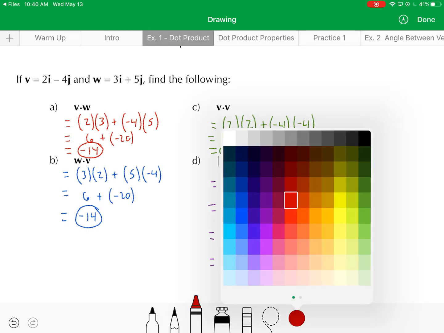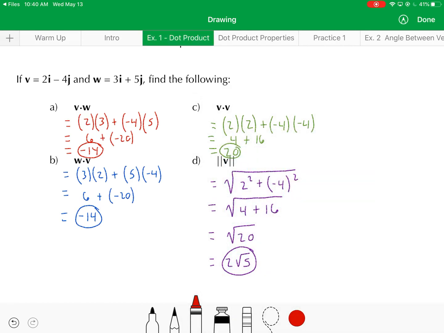But I want to draw your attention to this. Before we simplified to 2 radical 5, we were at the square root of 20. So notice if you were to square this square root of 20, it would just take you back to this dot product, right?